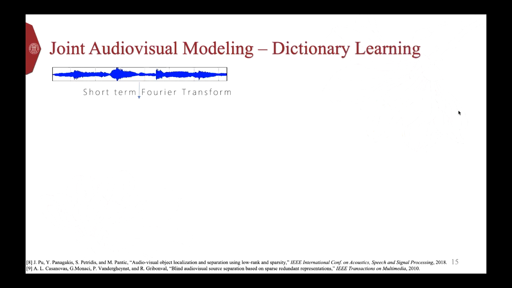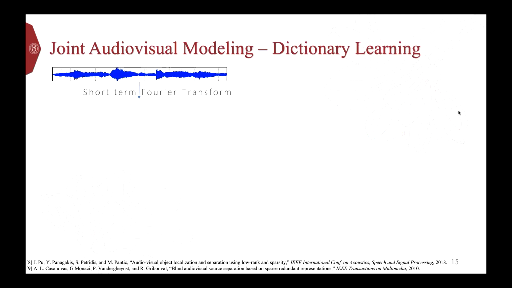Then from the dictionary learning viewpoint, the researchers consider that they can learn a common dictionary for both audio and visual, then perform correlation learning in these dictionaries by learning the coefficients in the dictionaries.